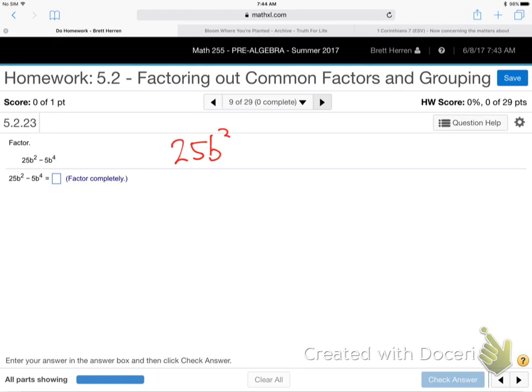So 25b squared minus 5b to the 4th. So parenthesis, something in the front.